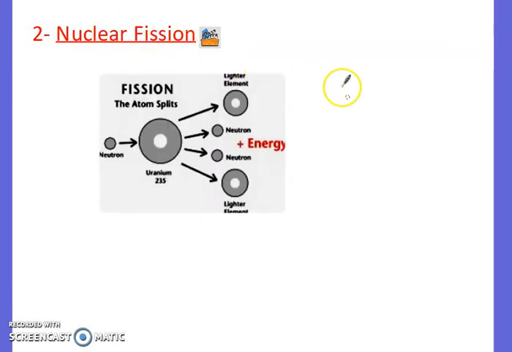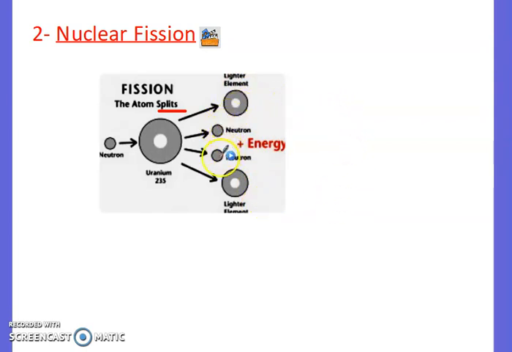So fission reaction, here is the heavy nucleus, uranium-235, bombarded by this slow neutron. What happened to this nucleus? It splits, divides into 2 smaller nuclei. We call them fission fragments, and liberation of neutrons.